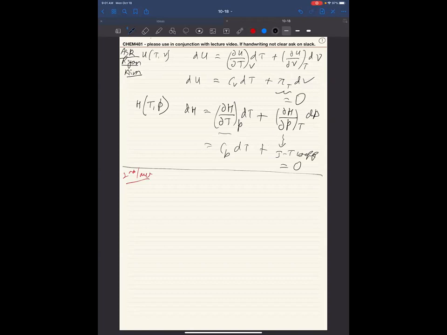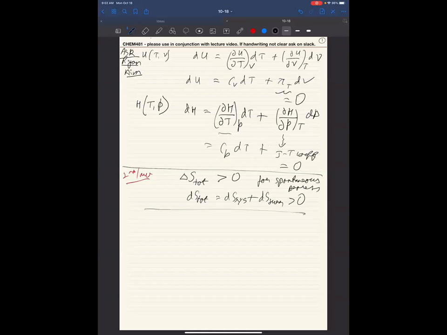One of them was that the change in entropy of the total system, meaning system plus surroundings or an insulated system, must be more than 0 for a spontaneous process. We had an equivalent form of this.